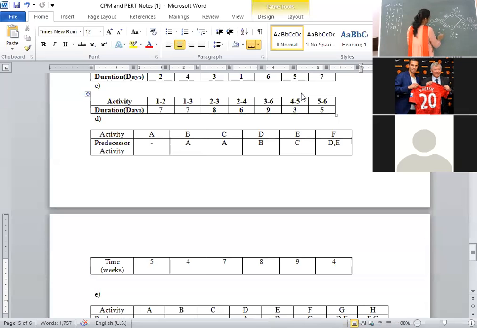Next, L2. For 2, again there are 2 outgoing activities. One is going to 4, another one is going to 3. Okay? Then whenever you are computing the backward pass, minimum will come. Whenever you are computing the forward pass, maximum will come.